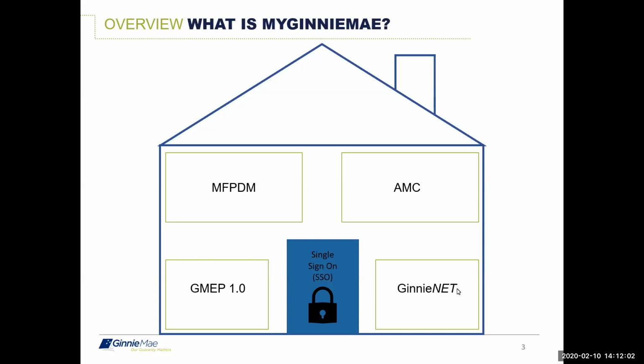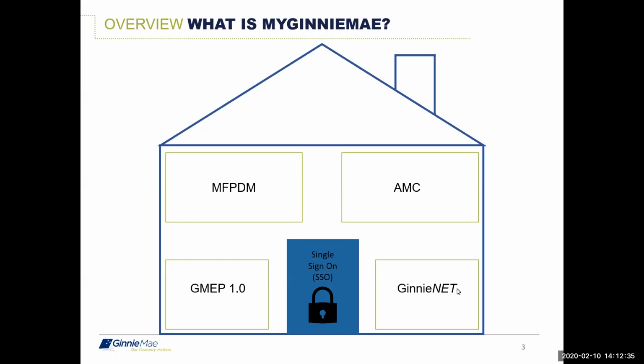So if you are supposed to have access to MSPDM, GMAP 1.0, and GinnieNet, you will walk through that front door through single sign-on, and you will have access to all those applications. That means you no longer have an individual username and password for each of those rooms. You just walk through the front door of MyGinnieMae with one username, one password, and a one-time PIN, and you then have access to all the rooms that you are supposed to be in, okay?